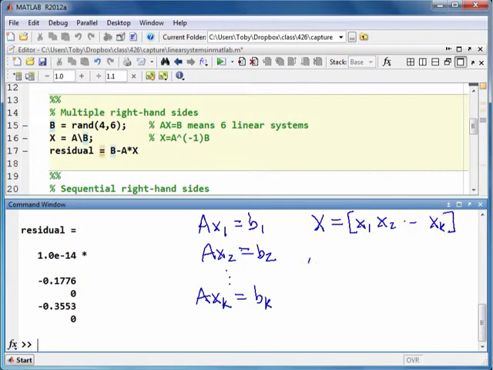And then we know from our rules of block multiplication that A times capital X is just A times X1 followed by A times X2 and so on out to the end.